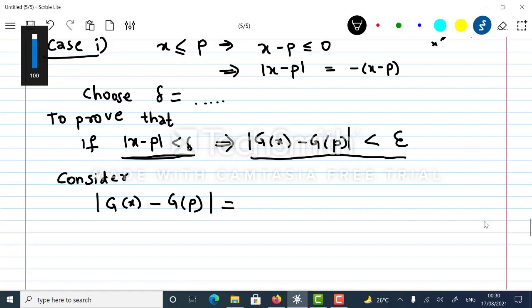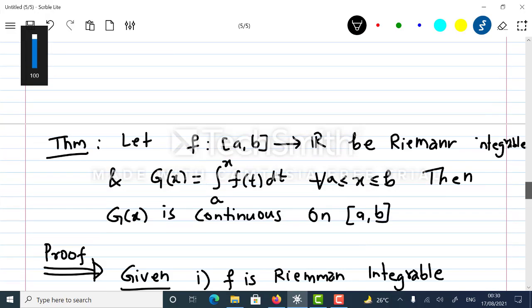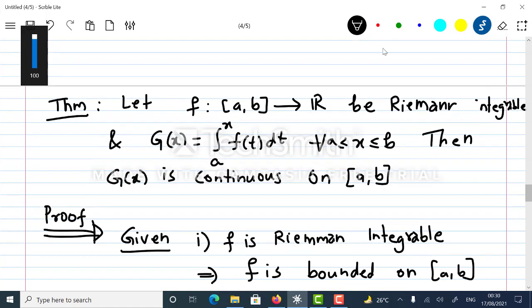right? So it is also given that g of x is an indefinite integral, right? So how g of x is defined is very important. So it is integral a to x of f of t dt. Right.